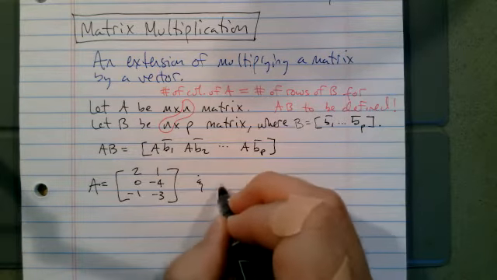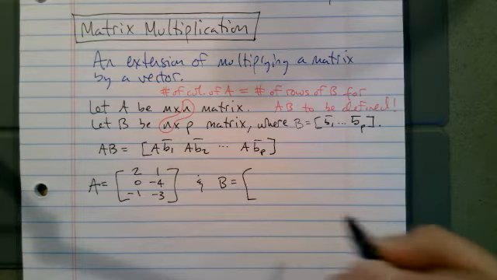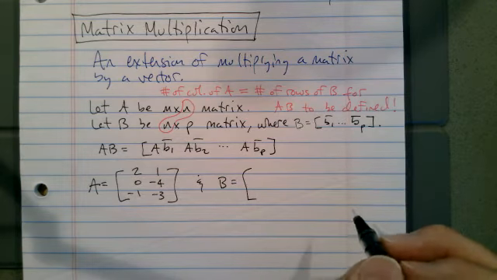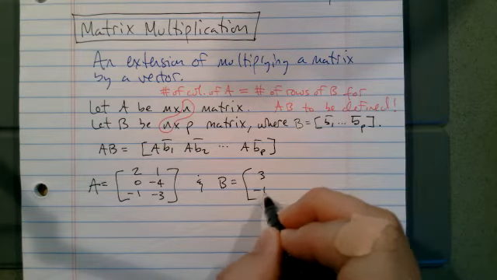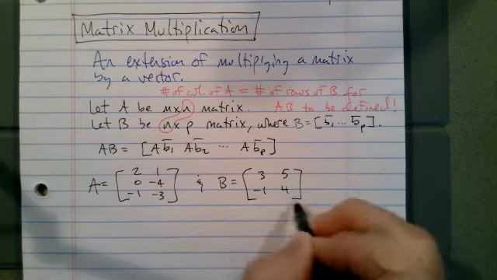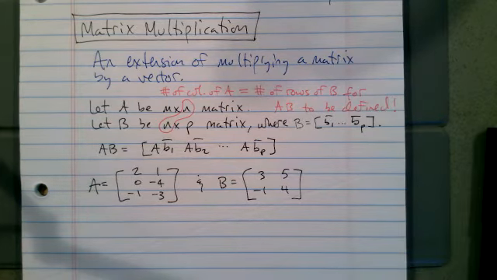And let's let B equal a 2 by 2 matrix, by columns 3, -1, and 5, 4.